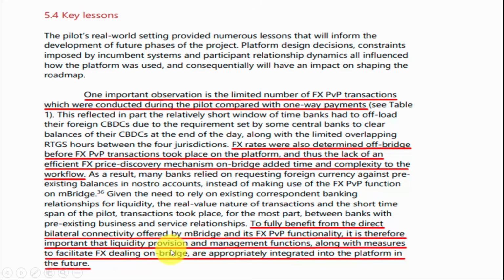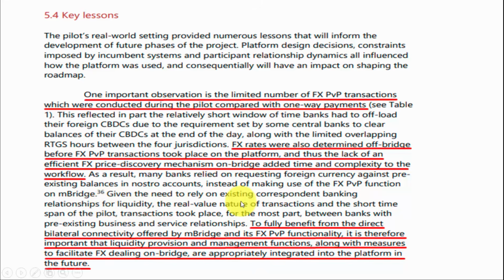All of this should take place on bridge, and it should be appropriately integrated onto the platform itself in the future. This would improve the bilateral connectivity that mBridge offers all these central banks, because it seems that during this pilot, the central banks still needed to rely on existing correspondent banking relationships for liquidity.